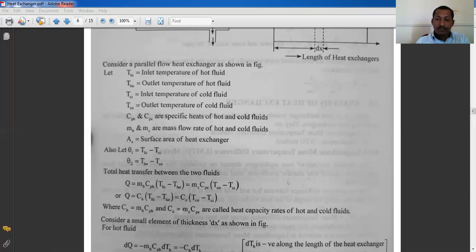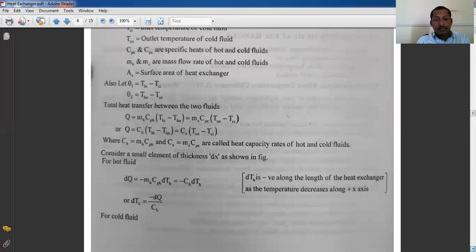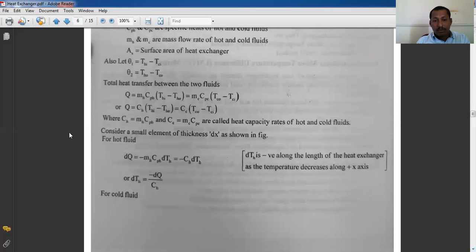Now consider a small element of length dx, as shown in the figure. First I am considering the hot fluid. Now the rate of heat transfer through that hot fluid is dq. I am considering a strip or some part of that heat exchanger, that's why I have taken dq.